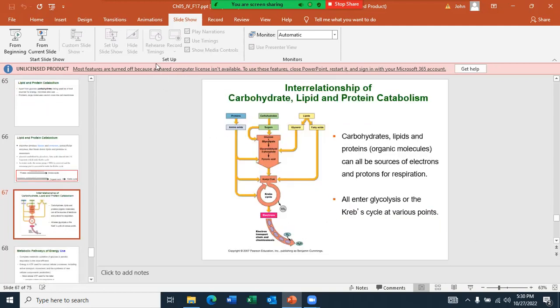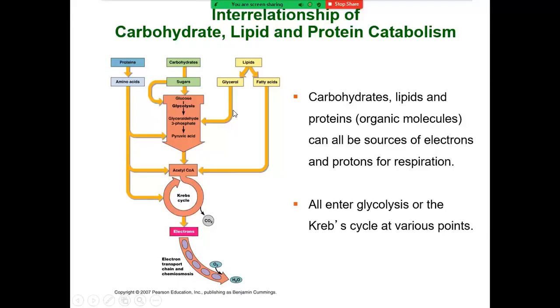The relationship for how the lipids and proteins, as well as carbohydrates, are digested is shown in this slide. Glucose, of course, right here. Almost all sugars and carbohydrates are converted into glucose and sent through aerobic respiration the normal way, or if we're talking about anaerobic respiration, the normal way anaerobes do.